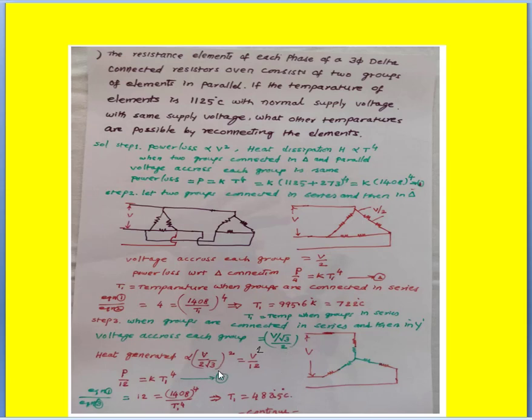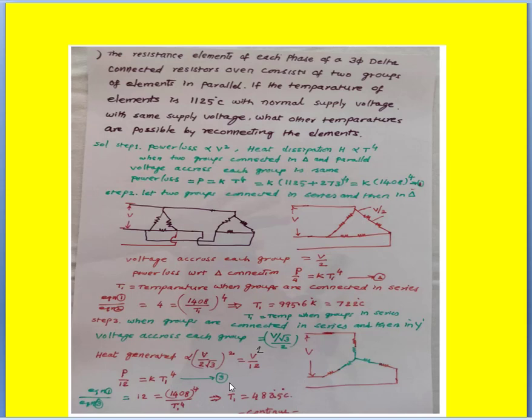So then heat generated is directly proportional to (V by 2 root 3) whole square. That is, we get V square by 12. So we know V square is directly proportional to P. So we write P and the denominator comes as it is. That is P by 12 is equal to K into T1 to the power of 4. Let us say this is equation 3.